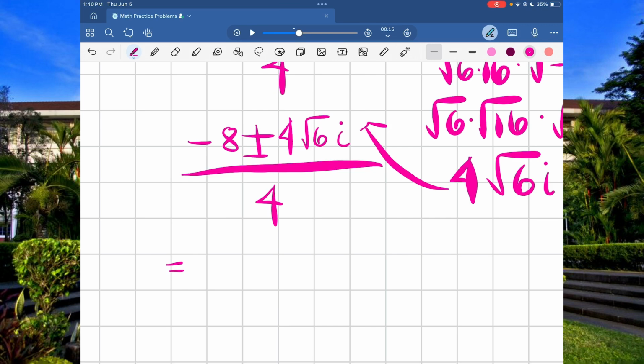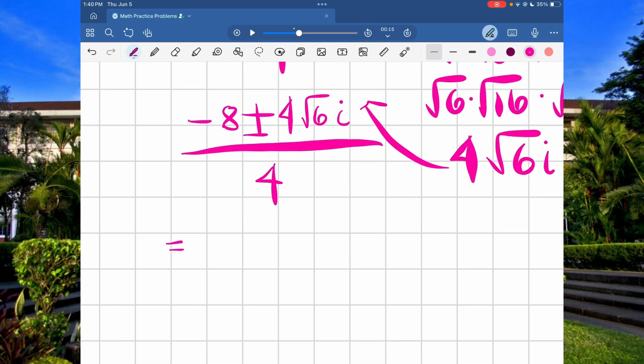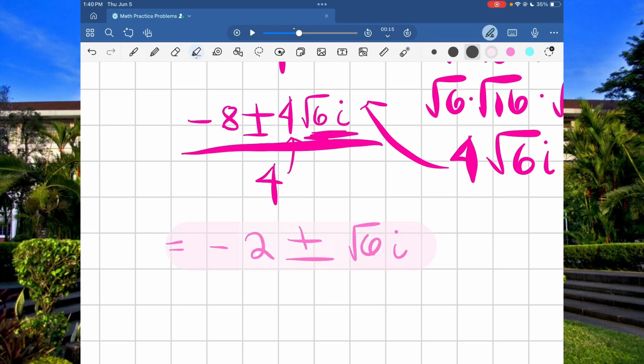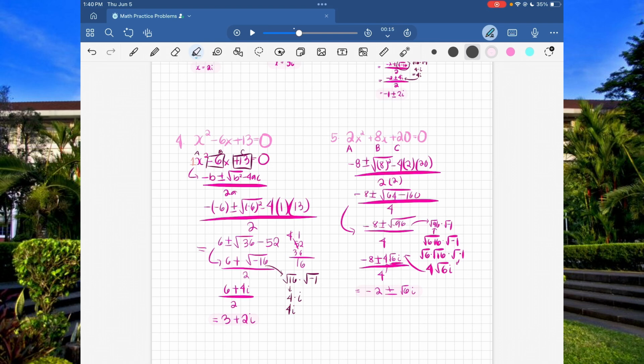From here, we are just going to divide 4 out of these numbers. So negative 8 divided by 4 is negative 2 plus or minus 4. We can only divide this by 4 since this is in radical form. So 4 divided by 4 is 1, so it's okay that we will not be writing that. So just proceed to square root of 6i, and that is our answer.